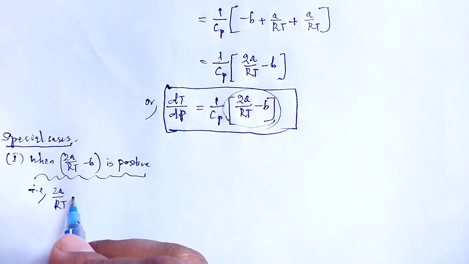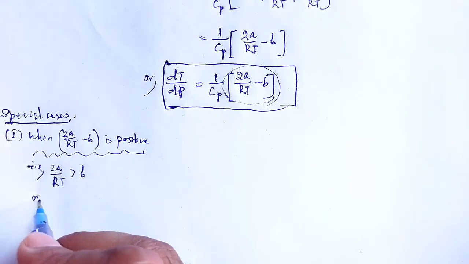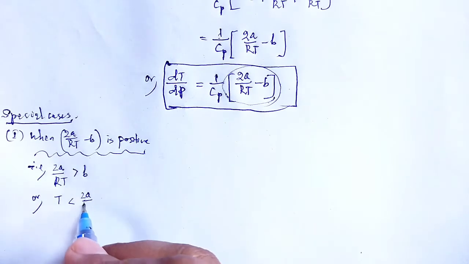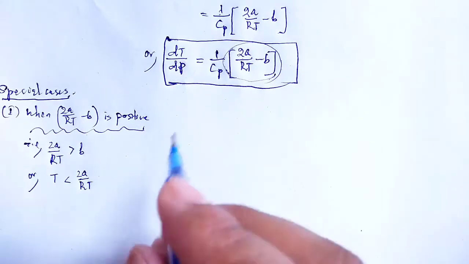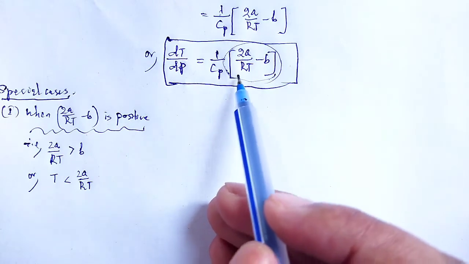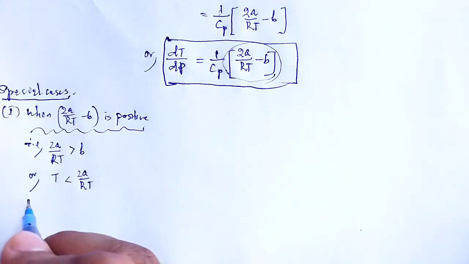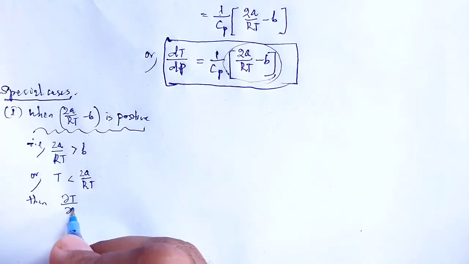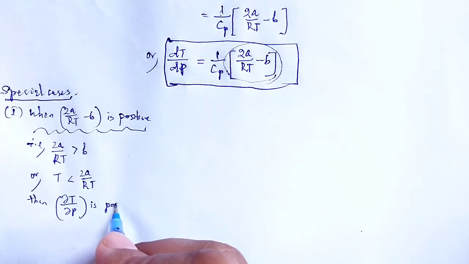So, 2a by RT is greater than B, or T is less than 2a by RB. Then the term del T by del P, since T is less than 2a by RB, del T by del P is a positive quantity.